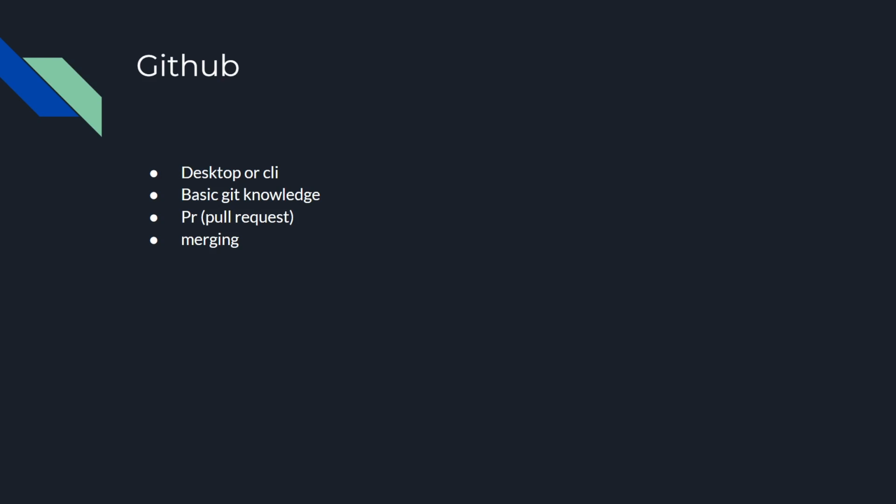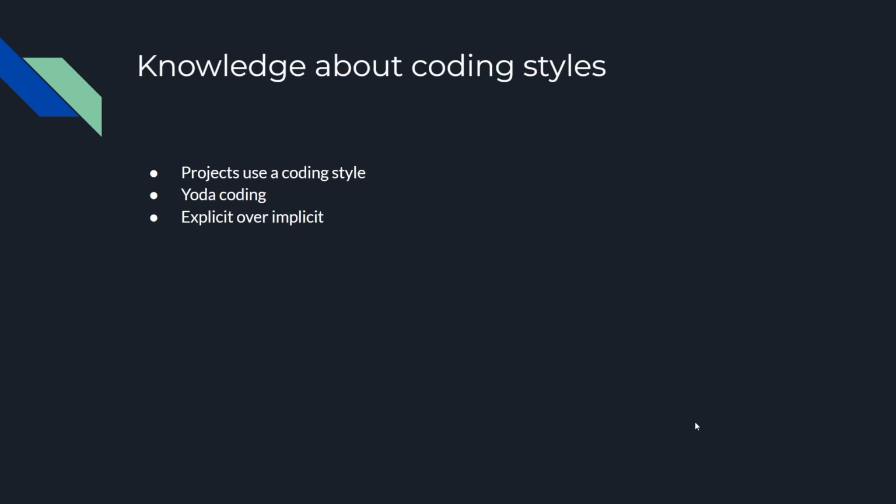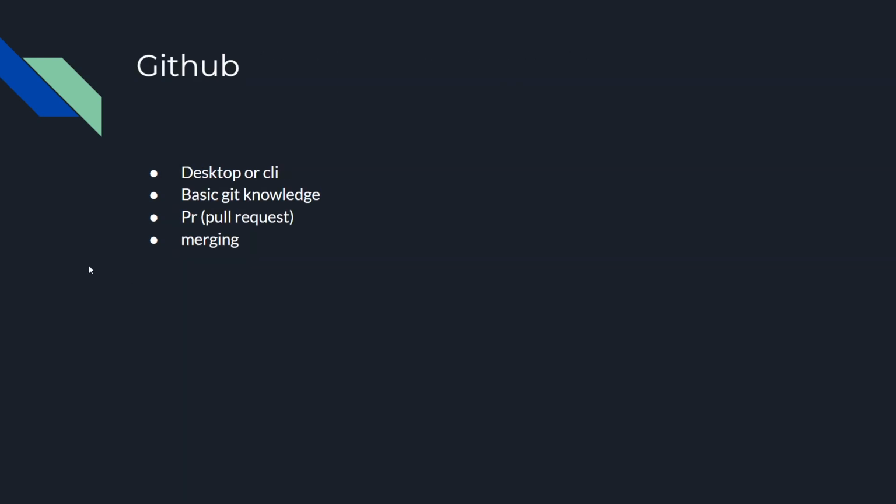A pull request is when you make changes on a separate branch and you want other people to look at it. So you submit a pull request. I can show that in a bit. I will also show how that works. You make a pull request, then we will look into the code, see if it's according to the coding style, if it works, if it goes through the automated tests.